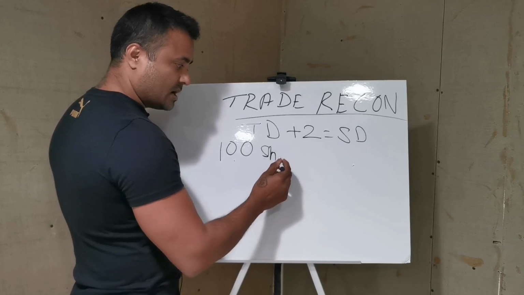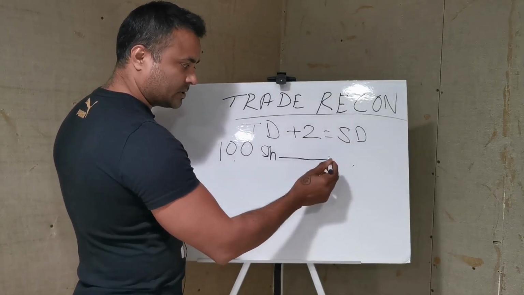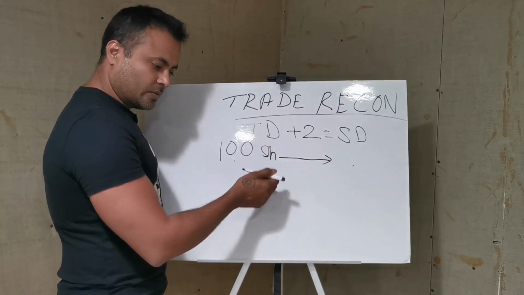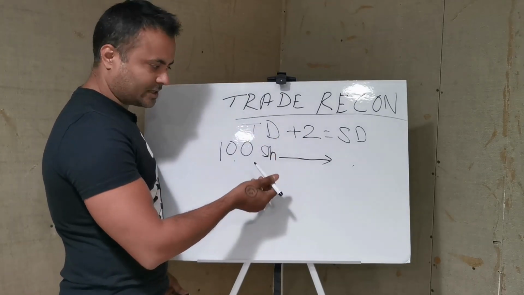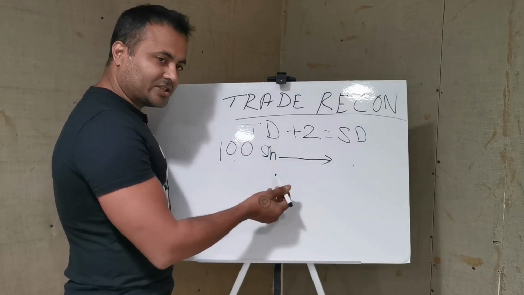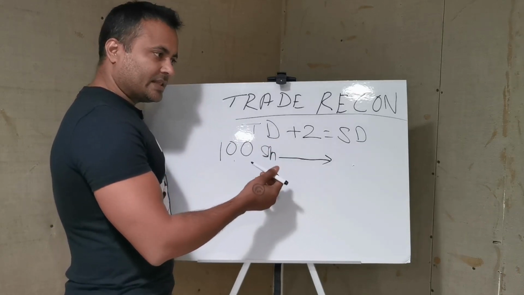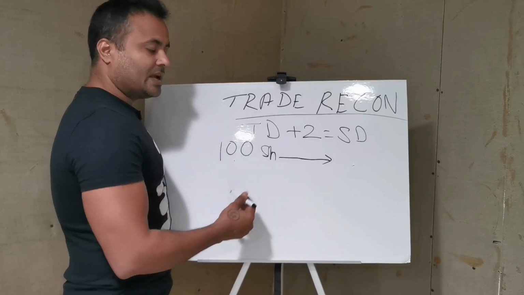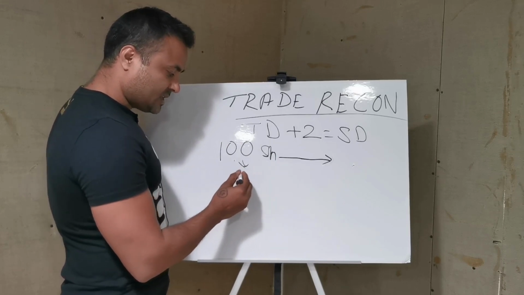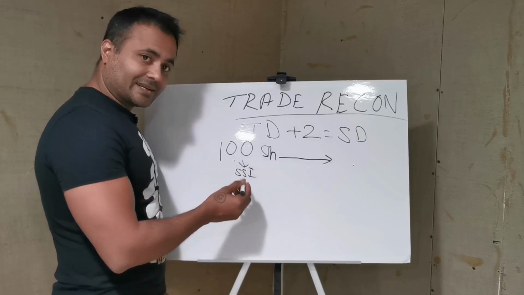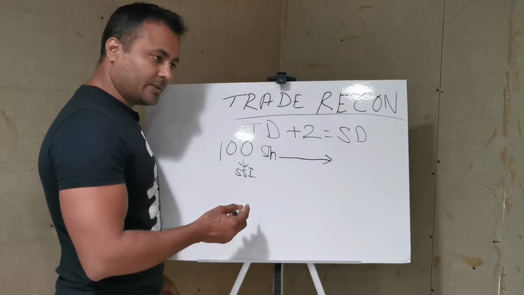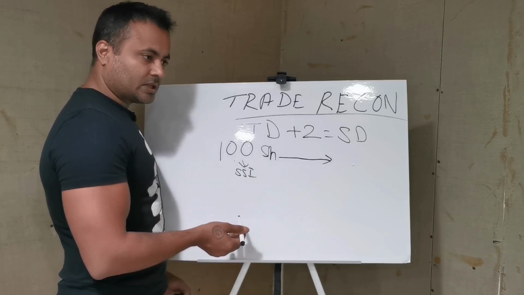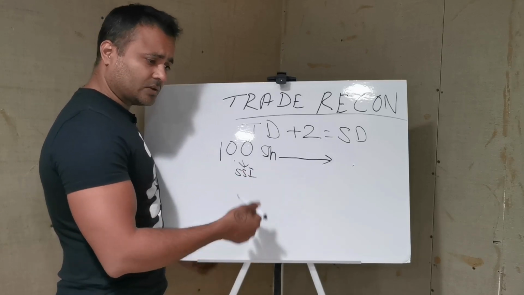Everything will pass on in between these 2 days. The 100 shares will flow from middle office to settlements. Settlement will pre-match those trades with the counterparty. They will agree on every economic detail of that particular 100 shares. They will agree on the SSI, the settlement instruction: what should be the PIC code, what should be the bank account, where it's going to settle, in which market it's going to settle.